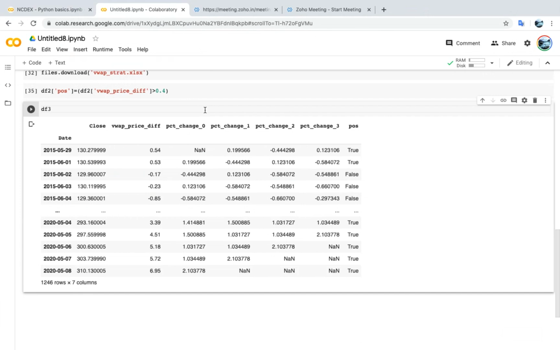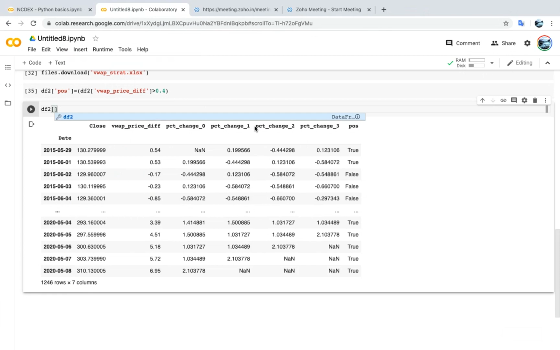We will define one more. Now the calculation is very simple. Whenever we are taking a position, we will see for the next 3 days what the price change was. Whatever the price change, that was actually our return.